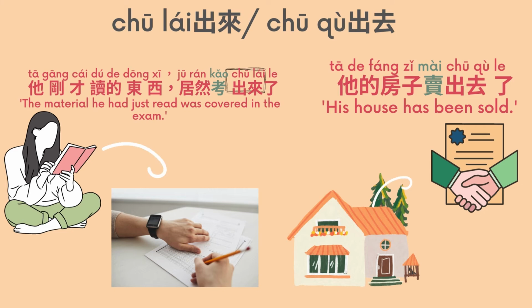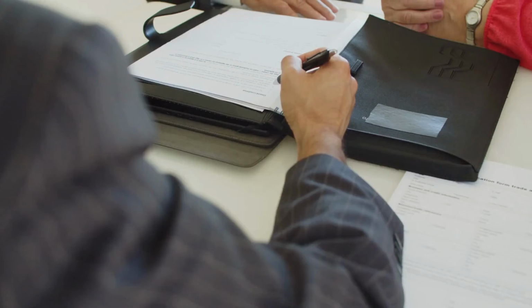One of the definitions of 出去 is a situation in which something such as ownership has been transferred from one person to another. For example, 他的房子卖出去了.